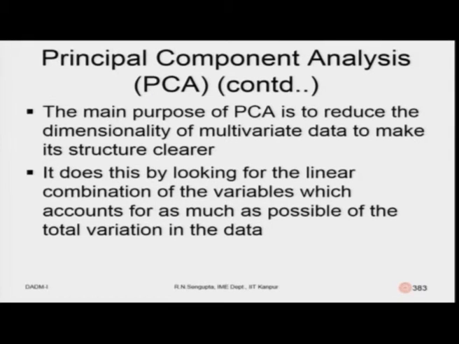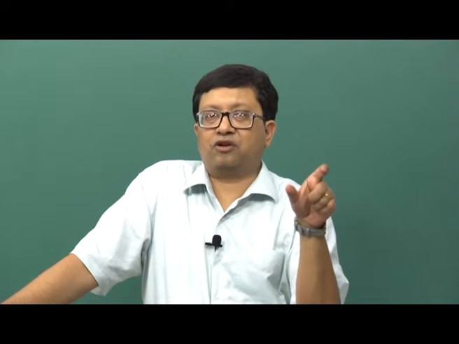PCA basically does this by looking for a linear combination of the variables. Combining the variables linearly means those x1 to xp which are there, we give them some weights such that the combination of them would give us the dependent structure stage by stage. That means we want to give the maximum amount of information based on the first set of linear combination.